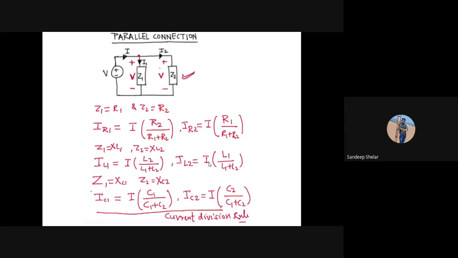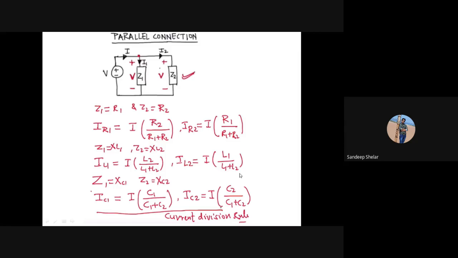Then put Z1 is equal to R1 and Z2 is equal to R2, and find the current flowing through resistance R1 and R2. Similarly, put Z1 is equal to L1 and Z2 is equal to L2. Then IL1 is equal to I into bracket L2 upon L1 plus L2, and IL2 is equal to I into bracket L1 upon L1 plus L2.